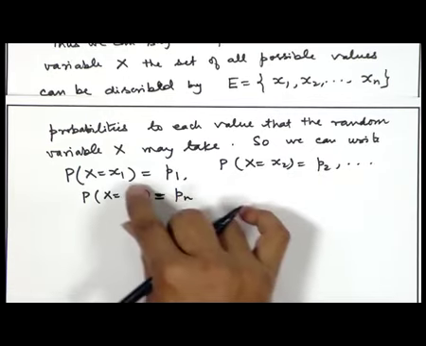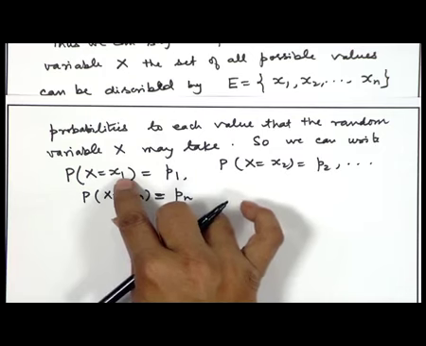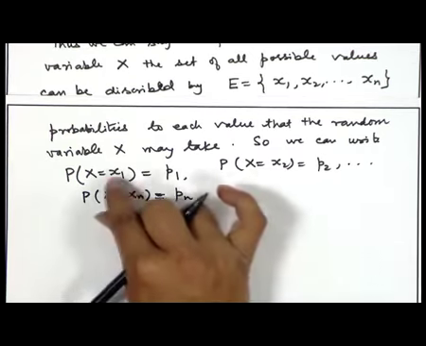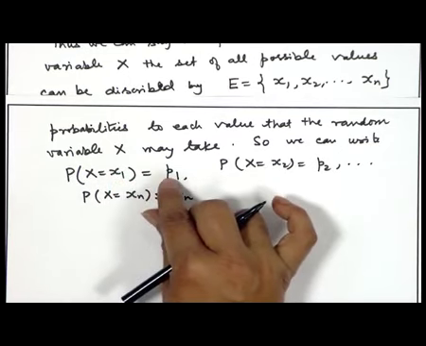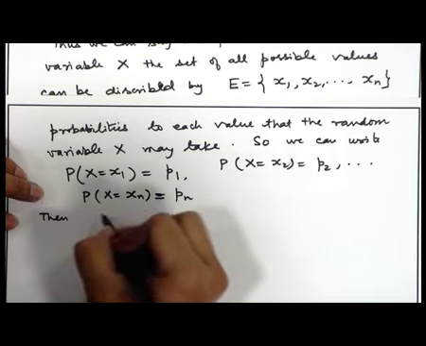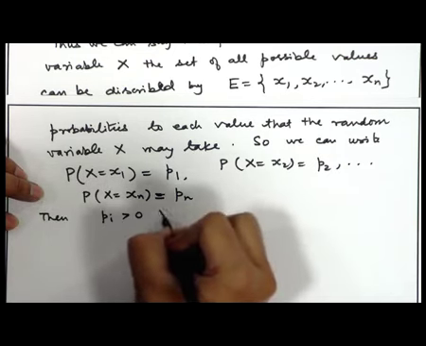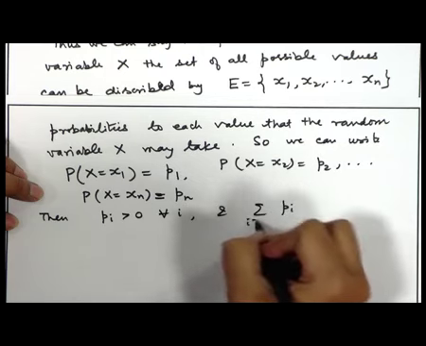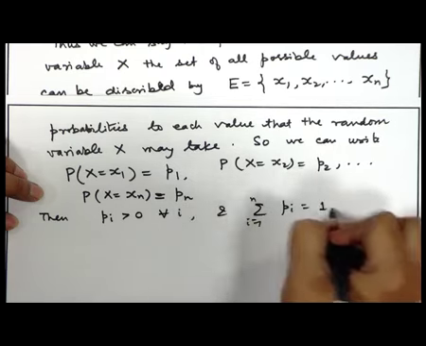Now, in the discrete random variable, we will talk about exactly those values which are assigned. So, that means the probabilities are actually positive. So, we can say that pi is positive for all i and the sum of pi from i equal to 1 to n is equal to 1.